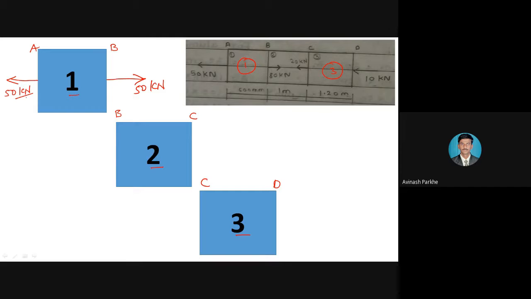So in order to balance that particular force, I have taken a 50 kilonewton force on its right side in the opposite direction. Now your section number 1 is properly balanced. Section number 1 is subjected to the 50 kilonewton force, which is under tension. So according to the direction, section number 1 is subjected to tension.